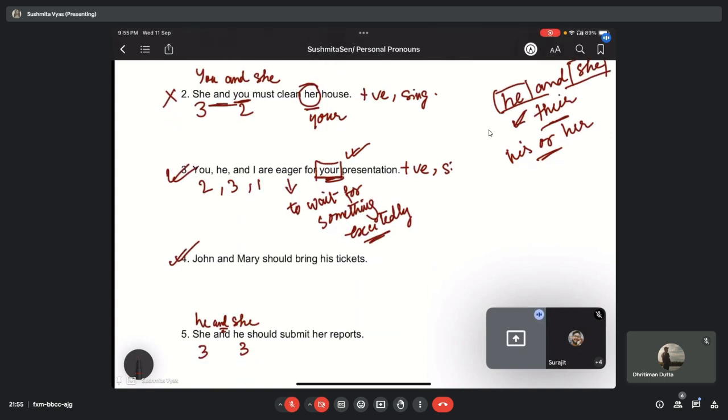Now John and Mary. All of you said that this statement is correct: John and Mary should bring his tickets. Guys, is his correct here? Is this the correct placement of the pronoun his?